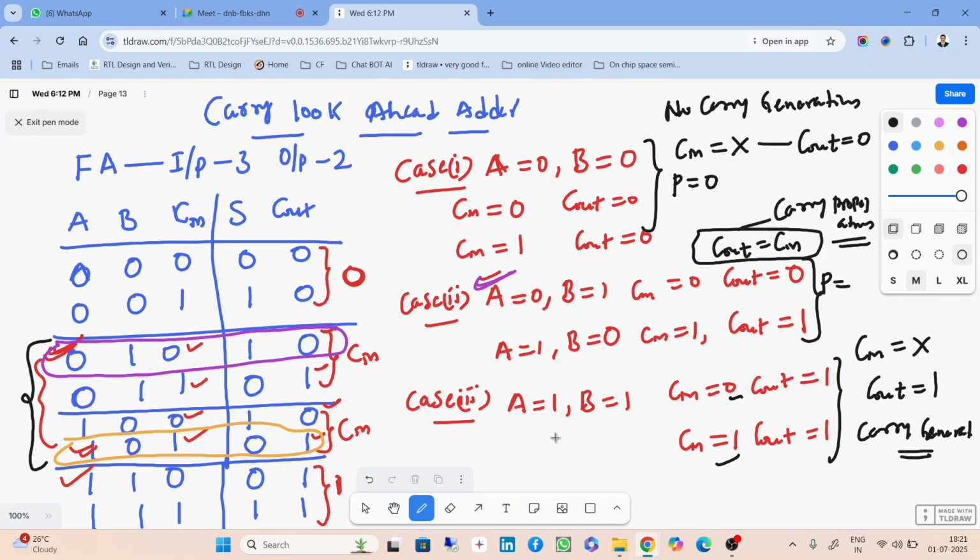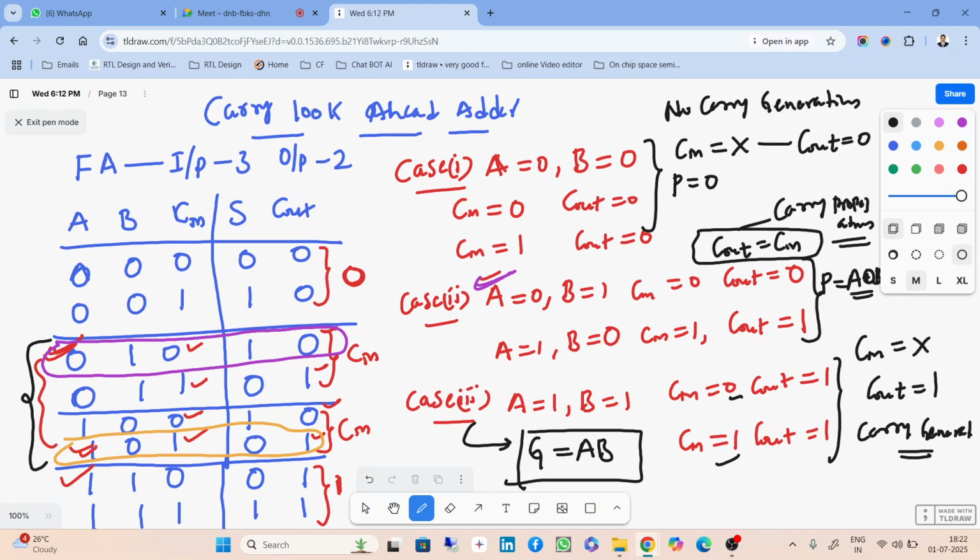And A is 1, B is 1 gives output 0. So you can say that propagate equal to A XOR B. And for generate, A equal to 1, B equal to 1, so carry generate equal to AB.